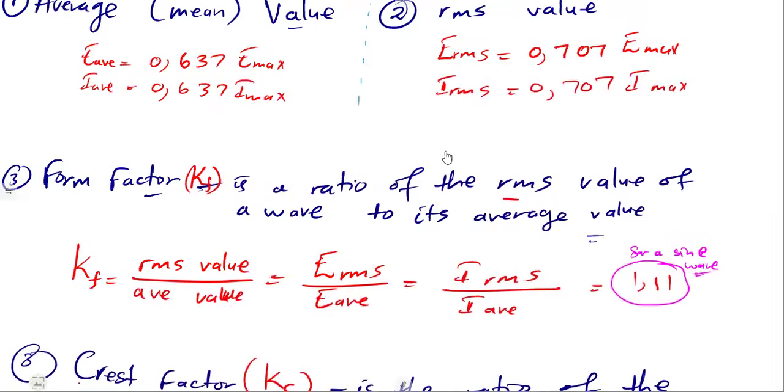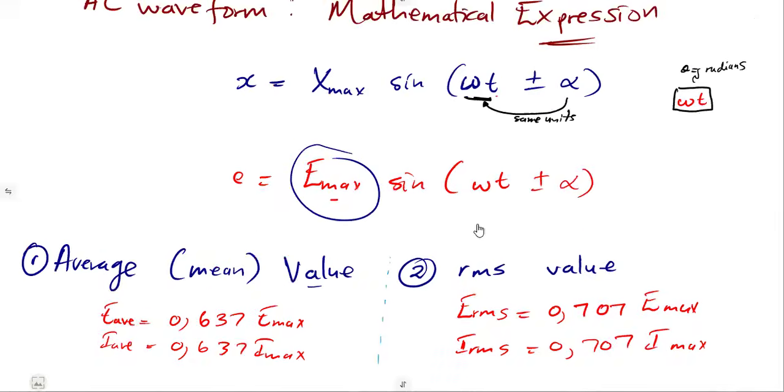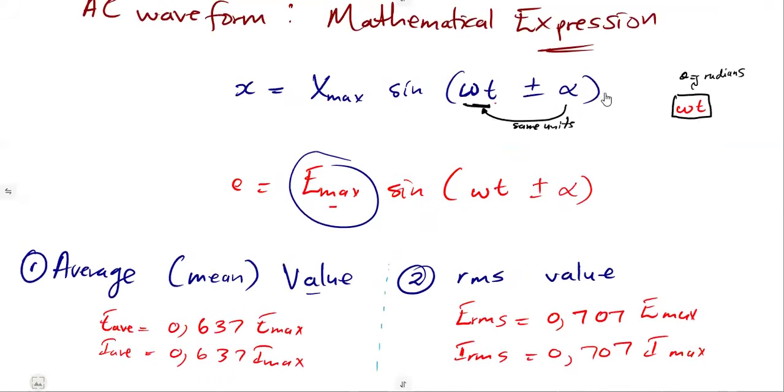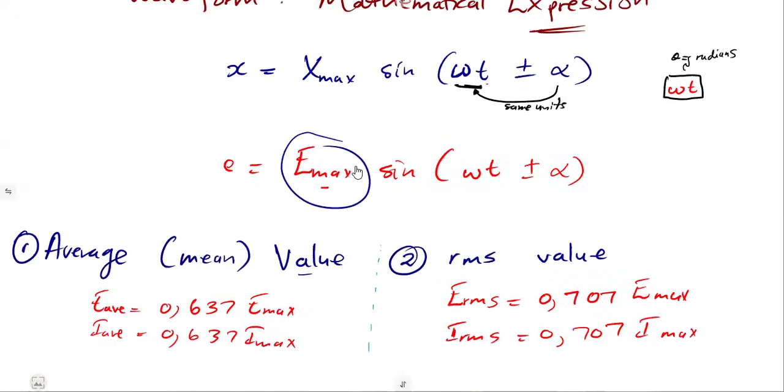All right, so this is what we have, guys. As we can see, for the sine wave, we have the maximum value. We can see it from the mathematical presentation. It is already available. But the one we just had was a sine wave.